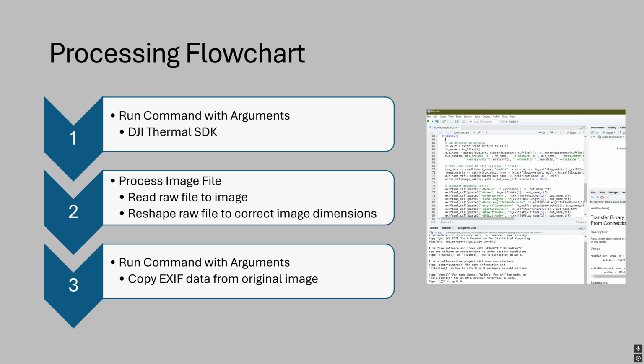You need a few parameters for this, like the humidity, temperature, and distance above the ground, and I'll go over those a bit later. Once you've gotten the raw file that this produces, you need to reshape it into the correct dimensions. This file is missing all the GPS information and the parameters you would need to actually mosaic it in some remote sensing or photogrammetry software. So once you've done that, you can then copy over these parameters in the final step.